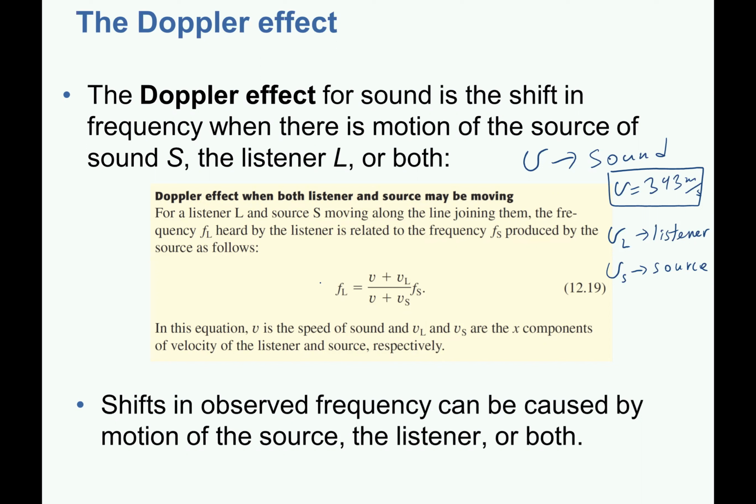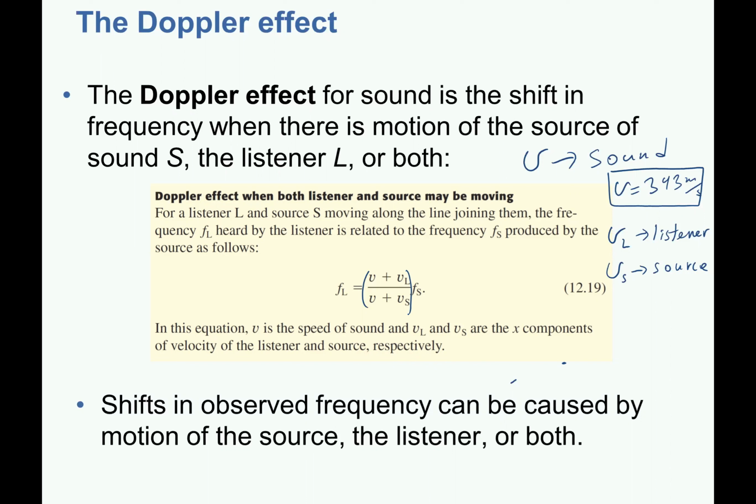So here's the equation. f_L, the frequency that the listener will appear to hear, is (V plus V_L) over (V plus V_S), and that ratio is times the frequency of the source, f_S. So you get a different frequency when the source is moving toward you and a different frequency when the source is moving away from you.